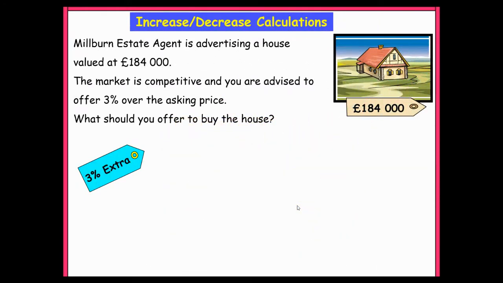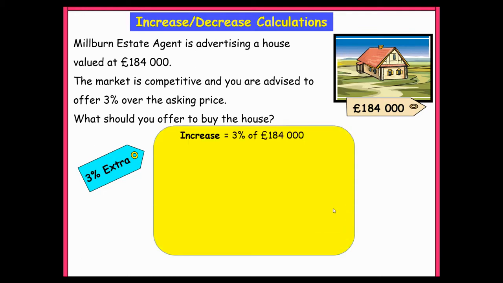Okay, Melbourne estate agent is advertising a house valued at £184,000. The market's competitive and you're advised to offer 3% over the asking price. What should you offer to buy the house? Well, let's start with finding 3%. So we need an increase of 3%. So that's 3 per 100 times 184,000. And then we find our answer.